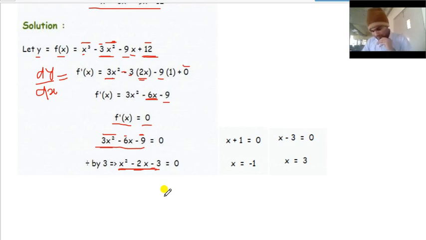Solving this quadratic equation, we have done this in our class 8th and 9th. We have to find two numbers whose sum is equal to minus 2, and when the two numbers are multiplied, that gives us minus 3.